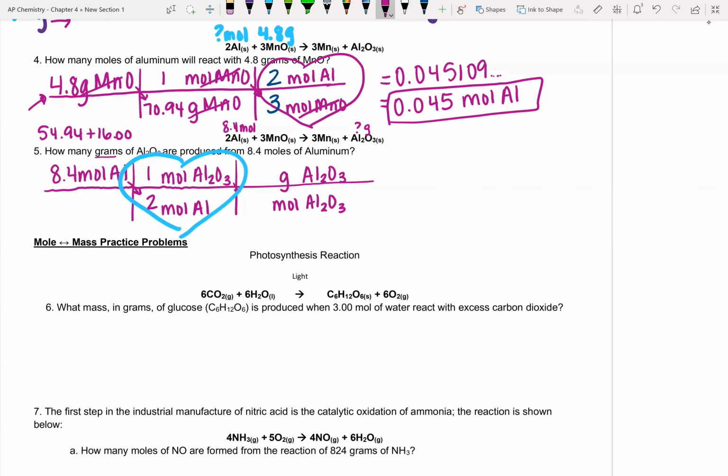For the aluminum oxide, we need to double the 26.98 for aluminum and add to it 3 oxygens at 16 to get its molar mass, which is 101.96 grams for every 1 mole.